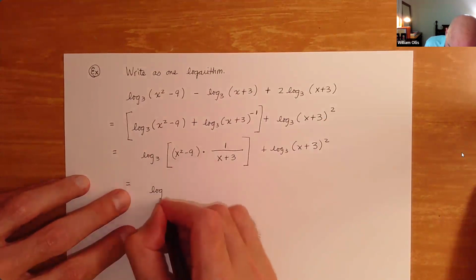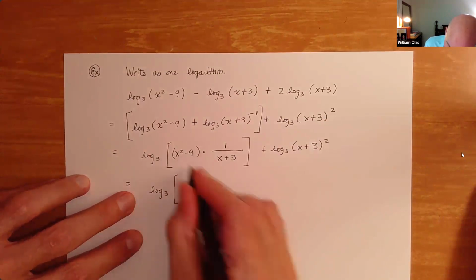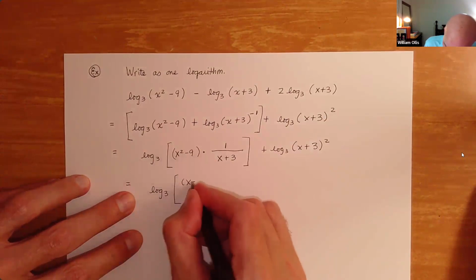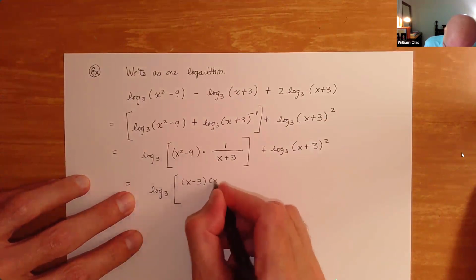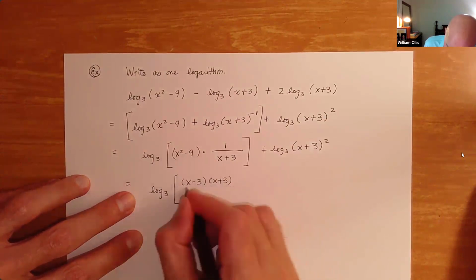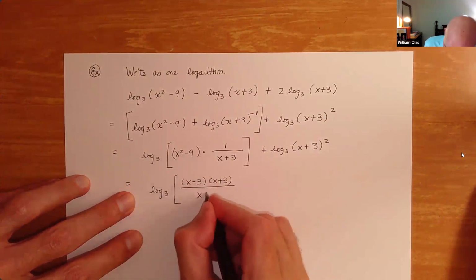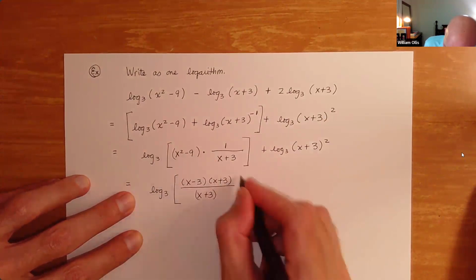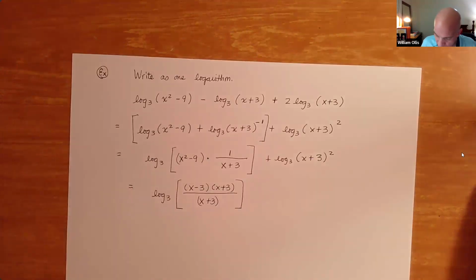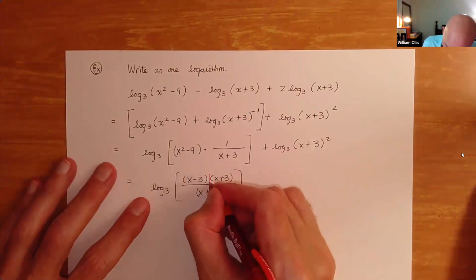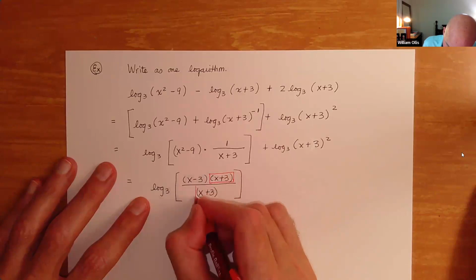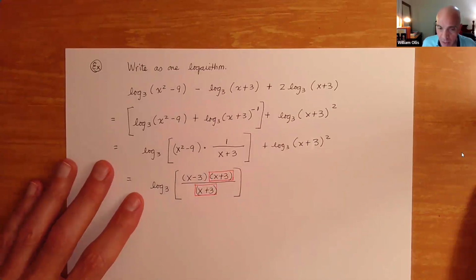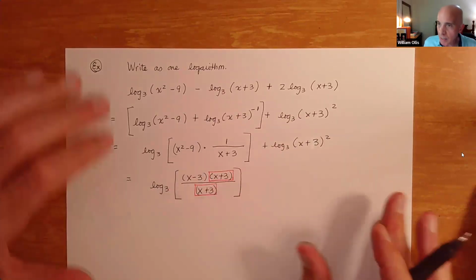We have the base 3 logarithm. We'll go ahead and factor this, x minus 3 times x plus 3 divided by x plus 3. So, of course, the x plus 3's will absorb, my favorite word. Always use boxes, make your work neat so that you can read it.